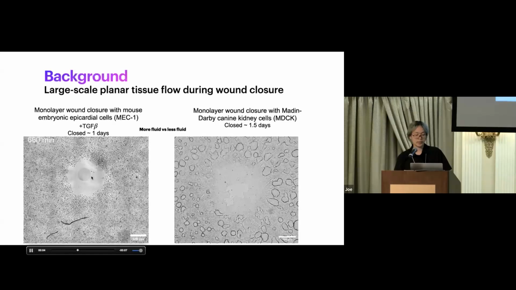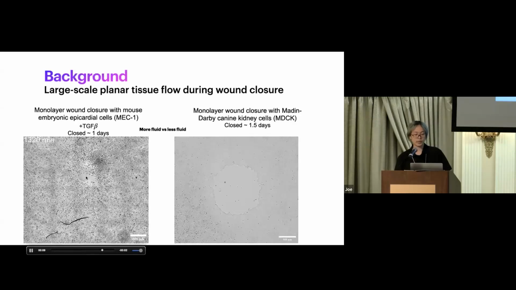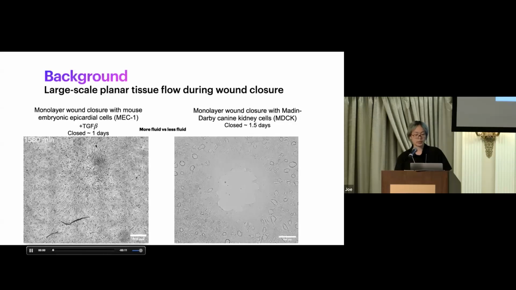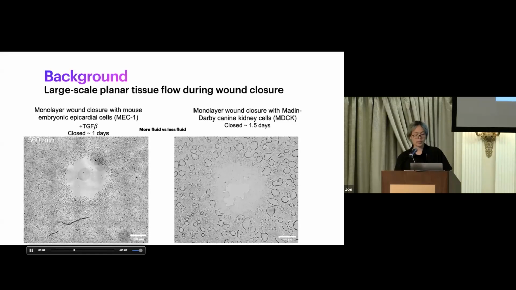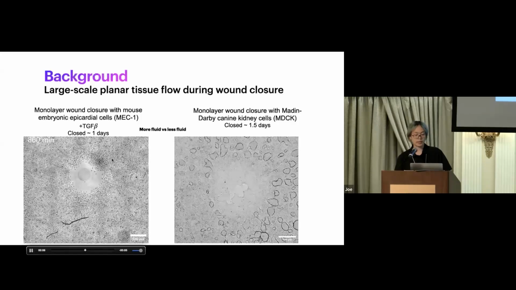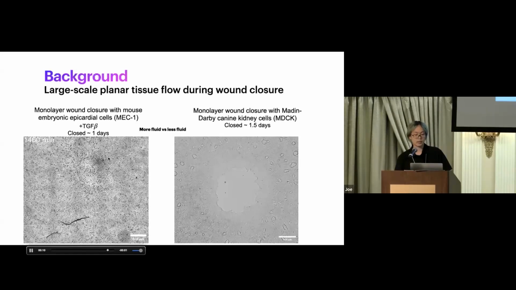You can see the middle part here represents the wound area, and the tissue around it is trying to close that gap. On the front, some cells are crawling, and some cells are also proliferating or dividing.